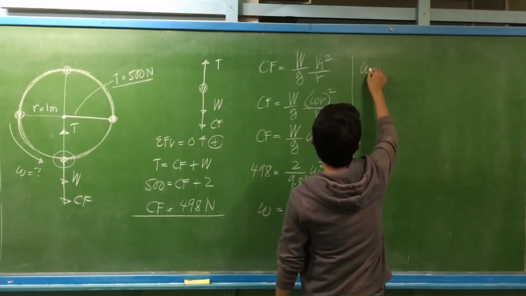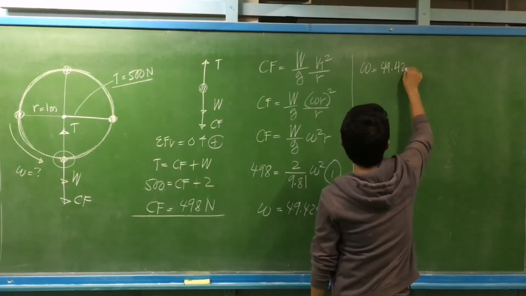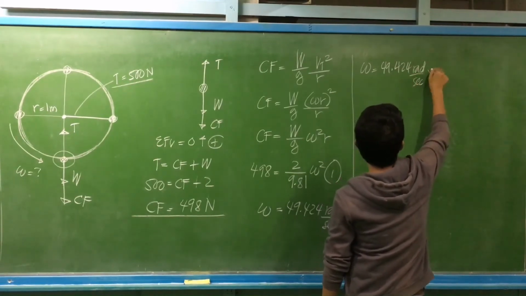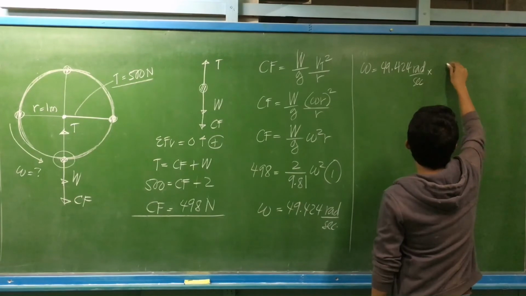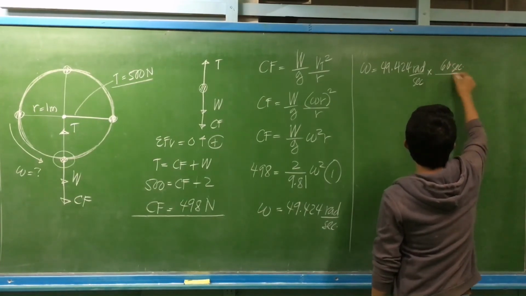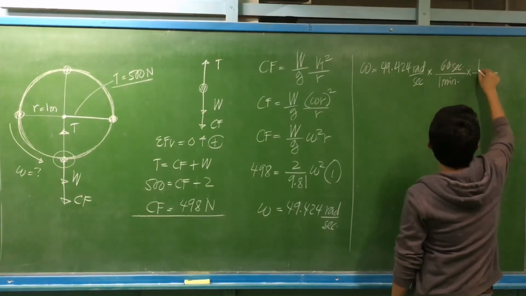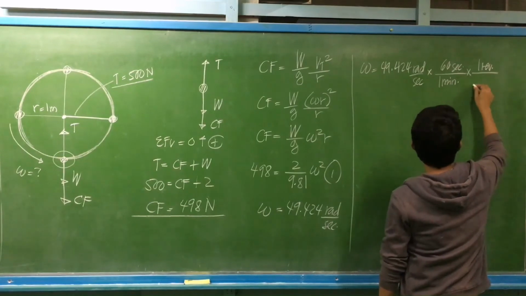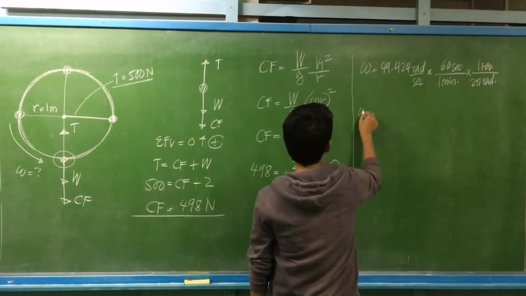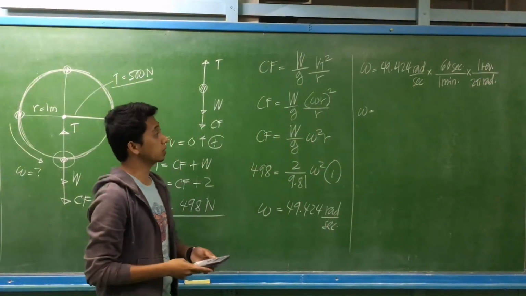So the angular velocity is equal to 49.424 radians per second, multiplied by 60 seconds is to 1 minute, then multiplied by 1 revolution is to 2 pi radians. So we have the angular velocity, this time in terms of revolutions per minute or RPM.